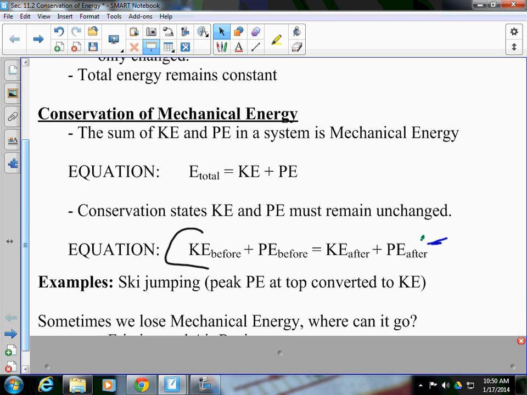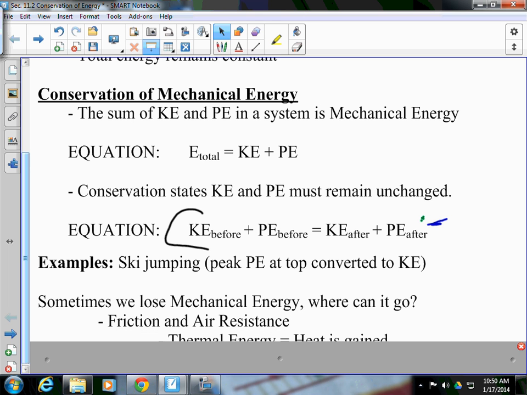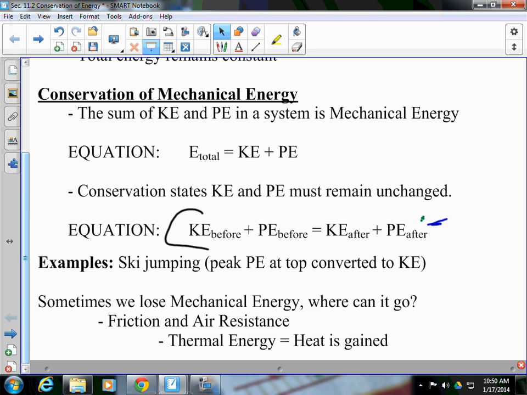Sometimes, though, we can lose mechanical energy in the process. Where does it end up going? Well, we talked about earlier, if you rub your hands together, we have friction. You are going to lose heat. That heat is a conversion of lost energy. Air resistance and thermal energy are all places in which you can lose mechanical energy.